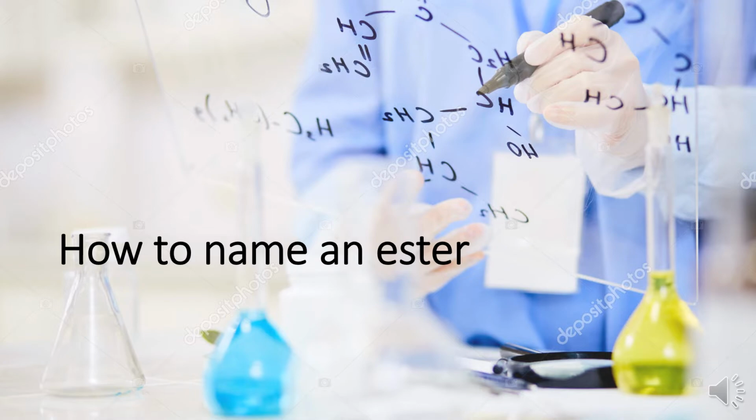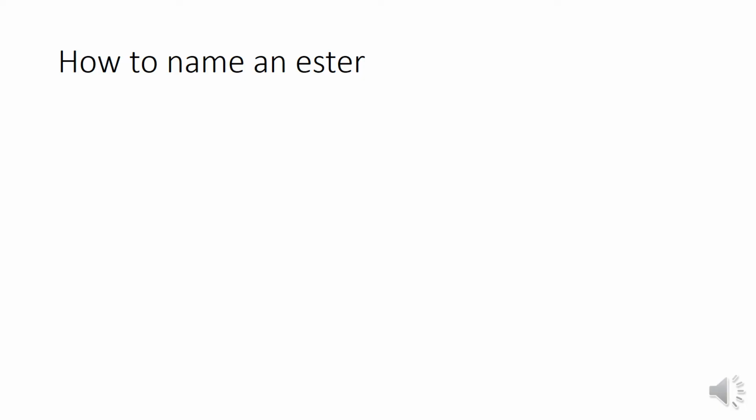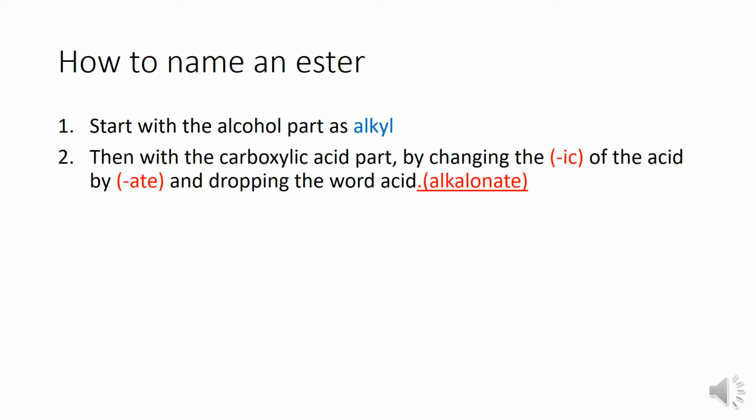Now, how to name an ester? To name an ester according to IUPAC system is start with the alcohol part as alkyl, then with the carboxylic acid part by changing the IC of the acid by ATE and dropping the word acid, alkanoate.